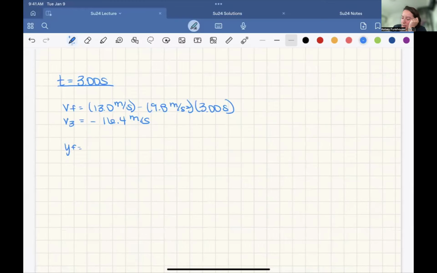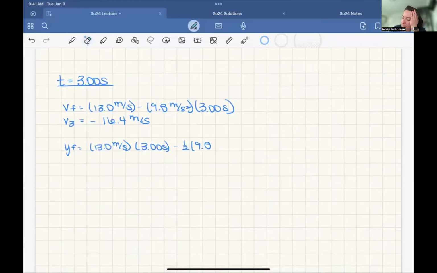And then the position, 13.0 meters per second times 3 seconds minus 1/2, 9.8 meters. Oh, sorry. We're just going to use 9.8, but at least when I was a student anyway, the precise thing to use is 9.81. Don't worry about that.